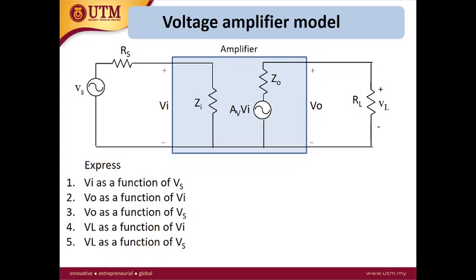You can express, for example, Vi as a function of Vs, and then express Vout as a function of Vin. This can be done using the voltage divider.